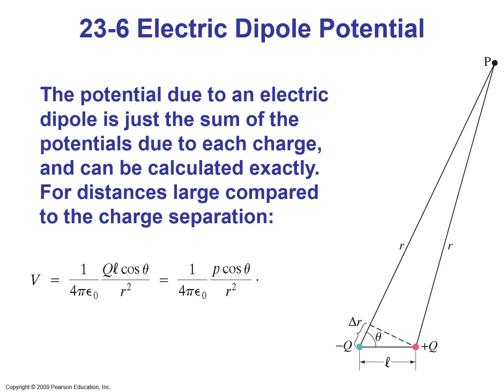For distances large compared to the charge separation, here we have a point P, which is far away from the charge separation L, and point P is a distance almost equal to R, because R is much larger than L. We have electric potential V is equal to 1 over 4 pi epsilon naught Q times L cos theta divided by R squared. And that is equal to 1 over 4 pi epsilon naught P, the electric dipole moment, times cos theta divided by R squared.